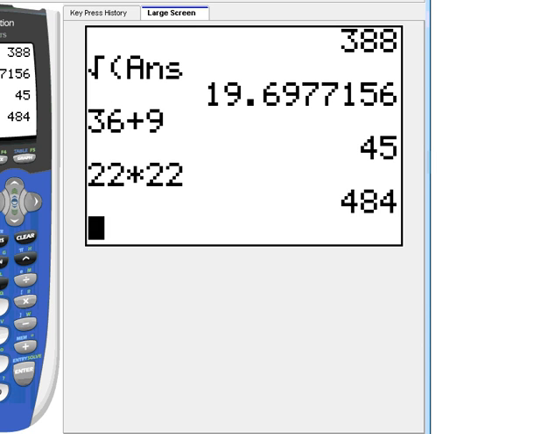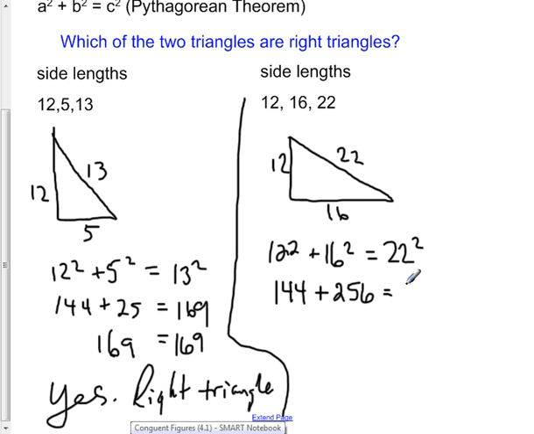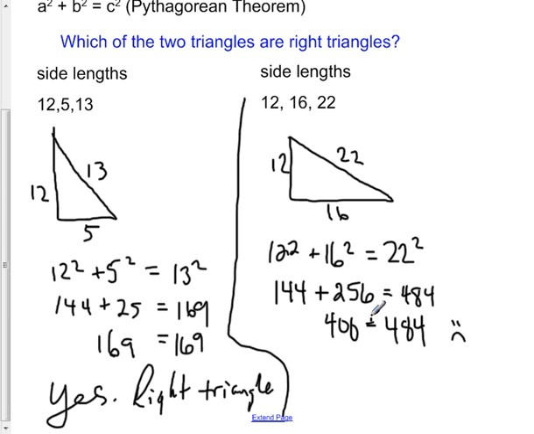We get 484. Okay, 144 plus 256, that's 400. Is 400 equal to 484? Nope. So that's not equal, so this is not a right triangle.